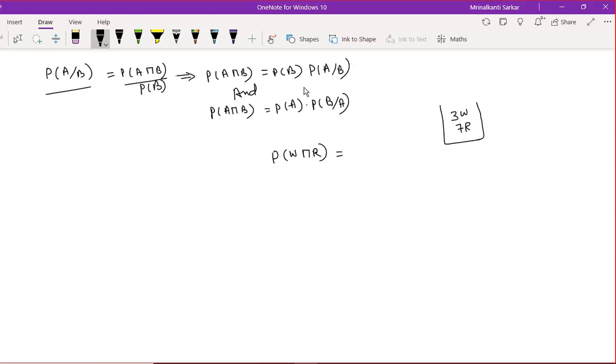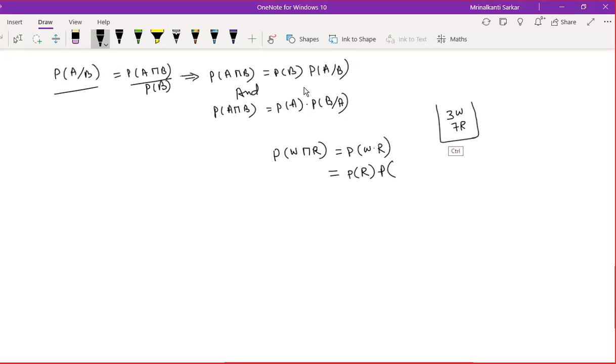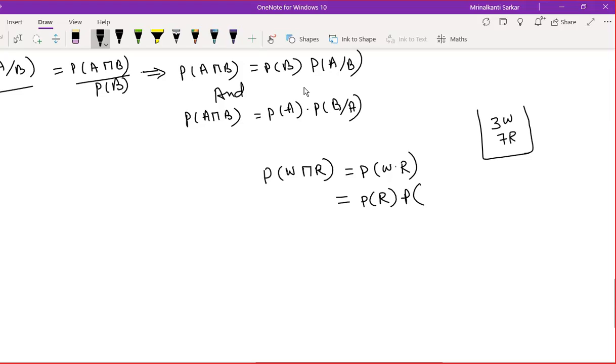Some of you write it in this manner, it is multiplication, no? P(W dot R). Both are the same thing. Now, which one are you doing first? The first one is white, the second one is red. So I will be getting the probability of red when white is already taken.